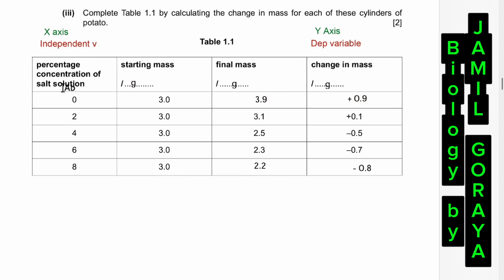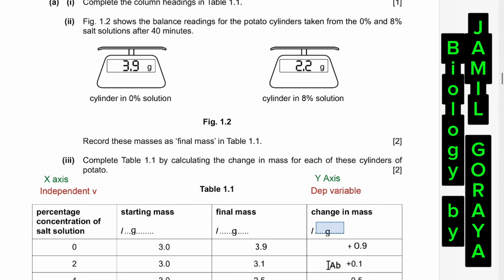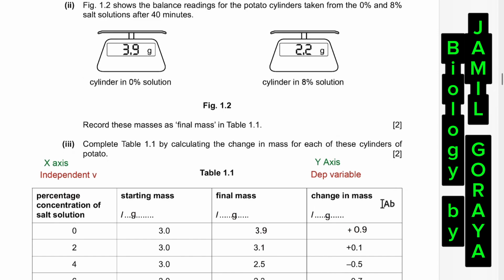And labeling is done with the complete statement given. Percentage concentration of salt solution will be on the x-axis. It's already labeled by the examiner. So on the y-axis, we will be labeling change in mass / gram.